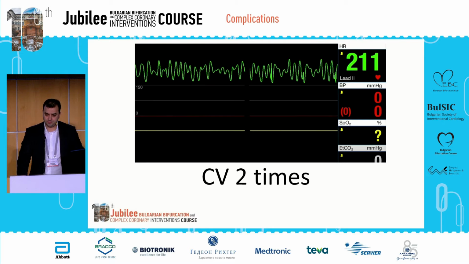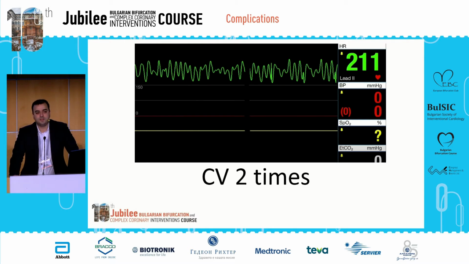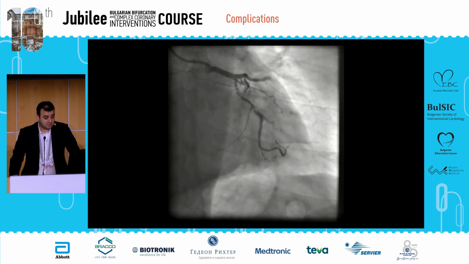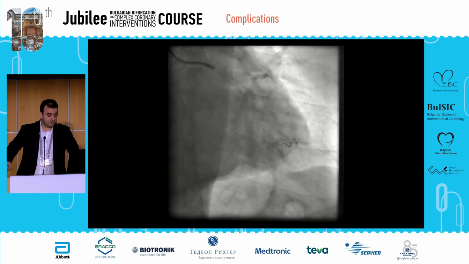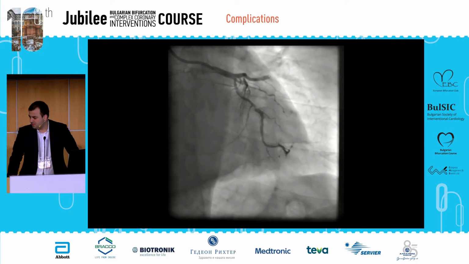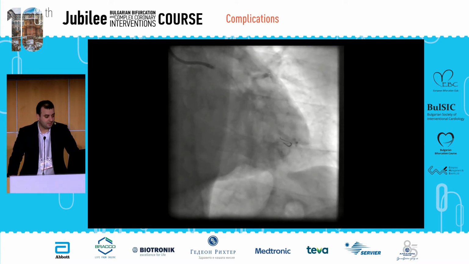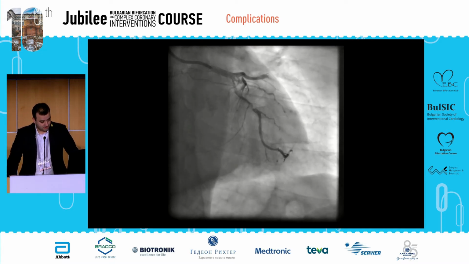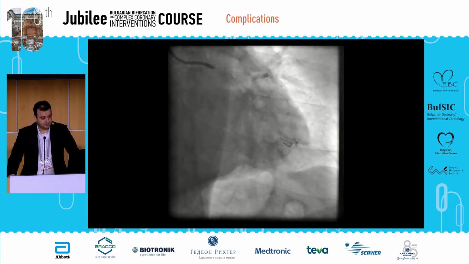The patient restored sinus rhythm, and the hemodynamics were acceptable. And I checked the flow. Everything's fine in the circumflex. I didn't have any explanation why, but I saw the flow in the LAD.